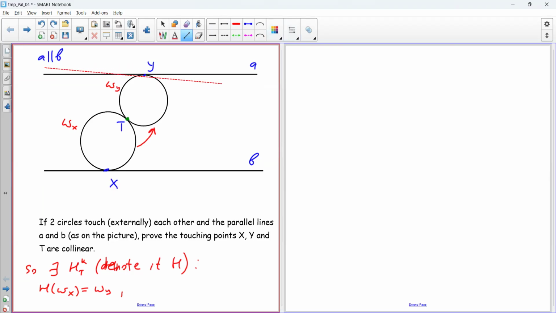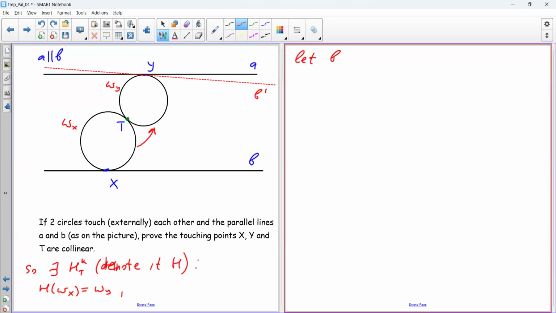So we have sort of a phantom straight line. So we have here straight line B prime. Let B prime be the result of the homothety applied to the straight line B.